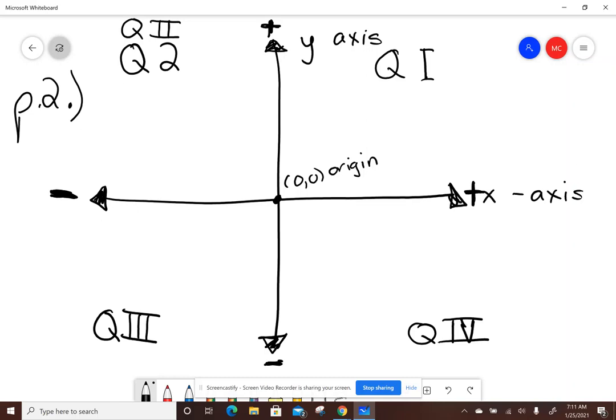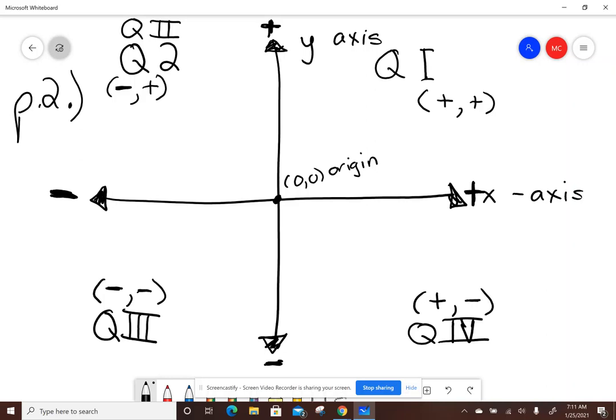That's quadrant 4. So in quadrant 1, you have an ordered pair: the x is positive, the y is positive. In quadrant 2, the x's are all negative, the y's are all positive. In quadrant 3, you have a negative x and a negative y. And in quadrant 4, your x is positive, but your y is negative.